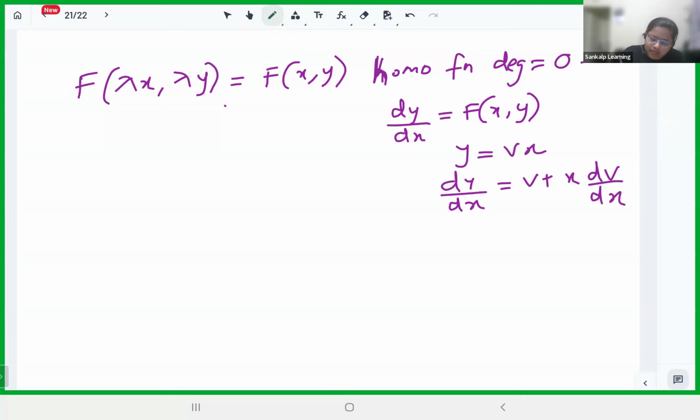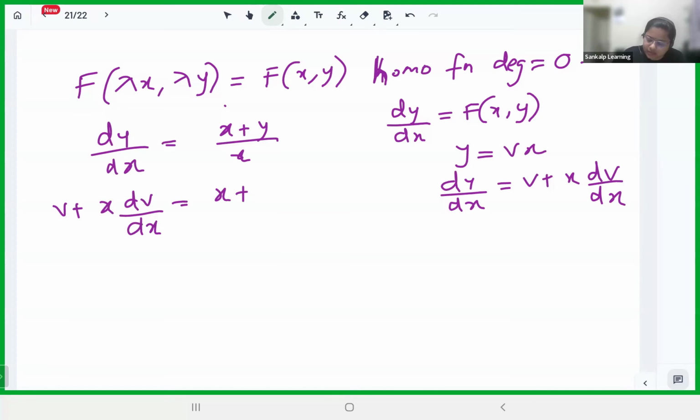So here, dy by dx is equal to x plus y by x, isn't it? So instead of dy by dx, v plus x into dv by dx equal to x plus what is y? Y is vx, so vx by x.